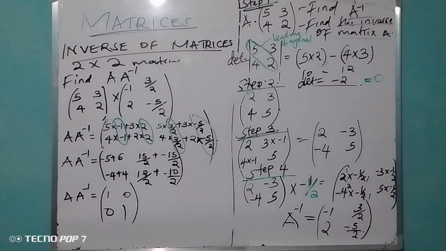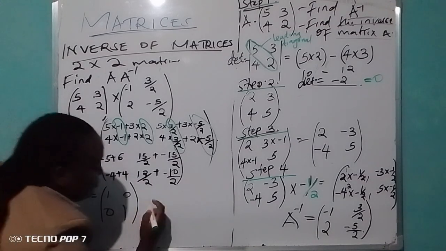So this type of matrix, yeah, inaitwaje? So if you multiply a matrix times its inverse, inafaa ikupe a unit matrix. Unit matrix. So this is a unit matrix.